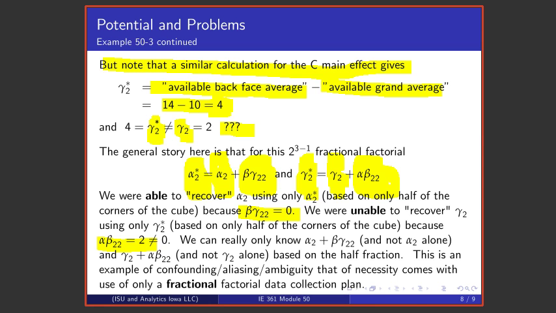Ultimately what this says is that we can't really know 8 things from a half fraction. We can really only know 4 things. And one of those 4 things that we can know is A main effect plus BC two-factor interaction. Another one is C main effect plus AB two-factor interaction. The technical jargon for this is that we have confounding, we have aliasing, we have ambiguity.